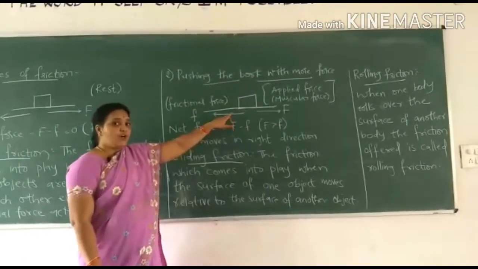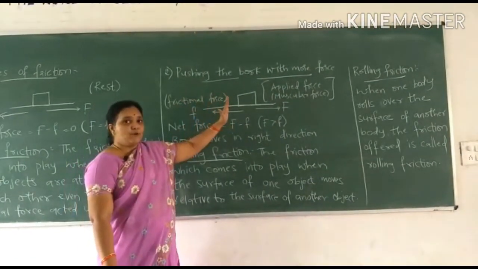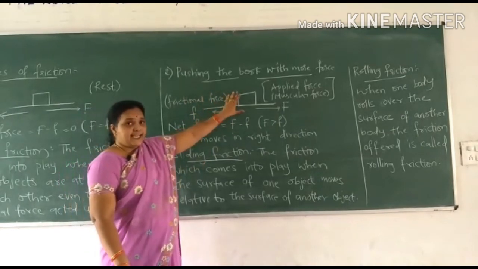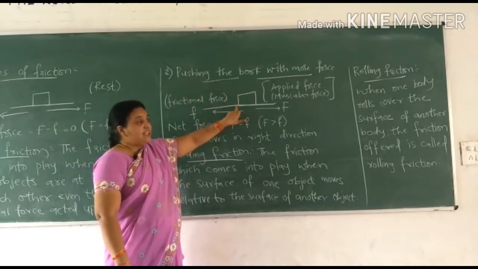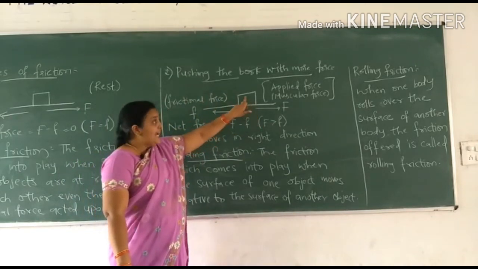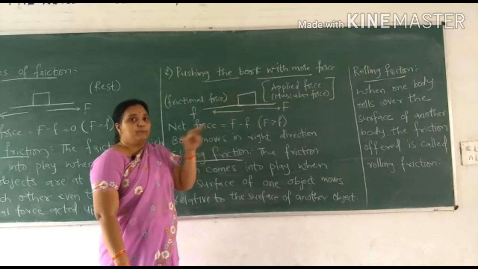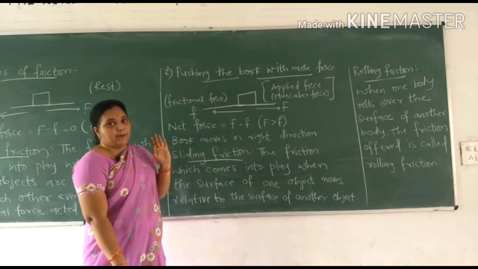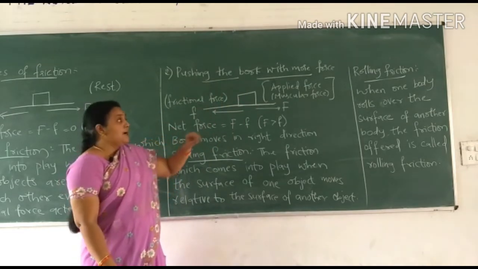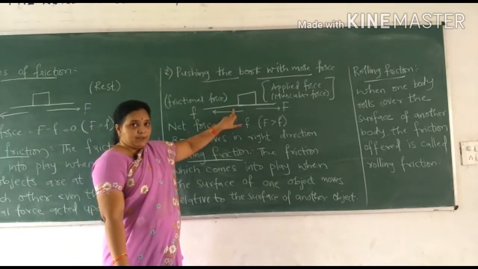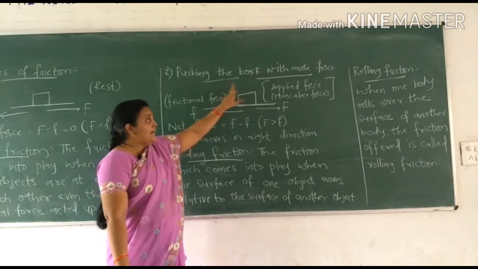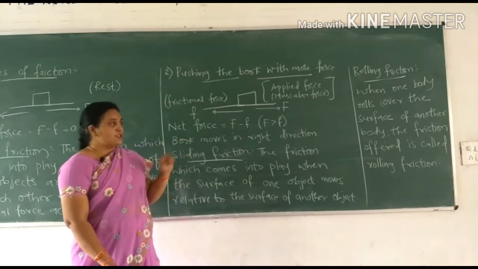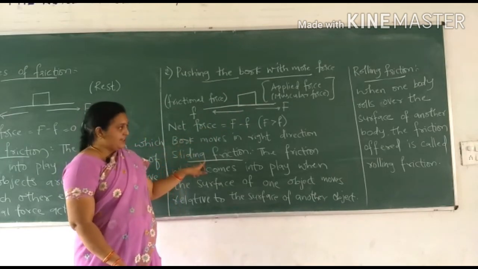In the next situation, what did we observe? When I applied some force, the book started moving. In this case, the frictional force between the surface of the table, which is in the rest position, and the surface of the moving book is called sliding friction.